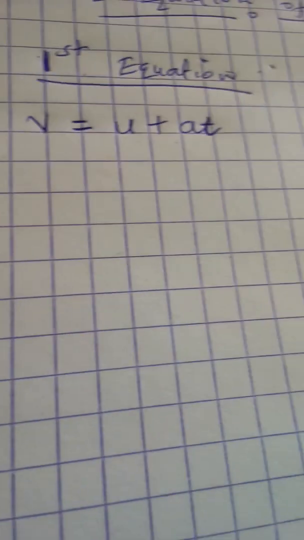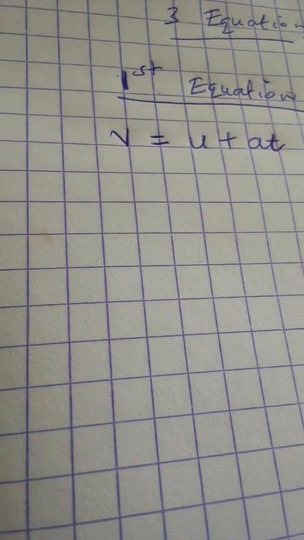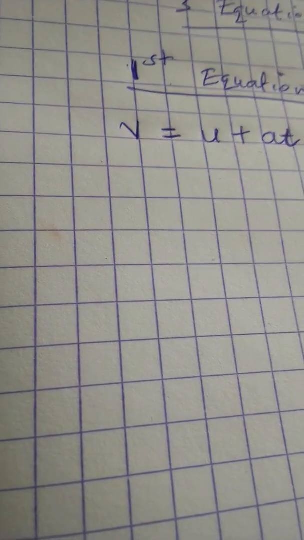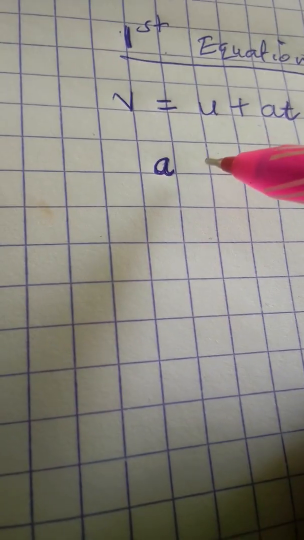v, which is final velocity, is equivalent to u plus at. That is the first equation, and we want to know how this is brought about. This is brought about by manipulating the equation of acceleration. So we know a represents acceleration.